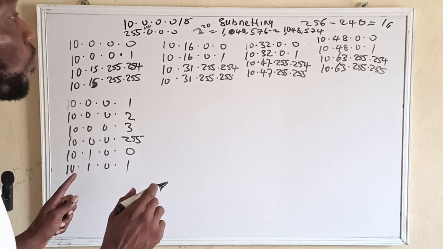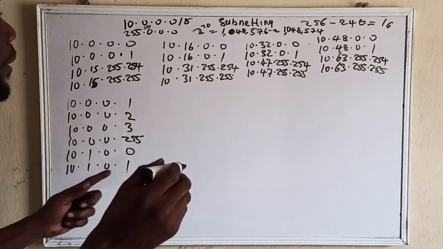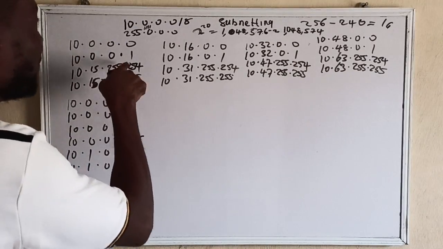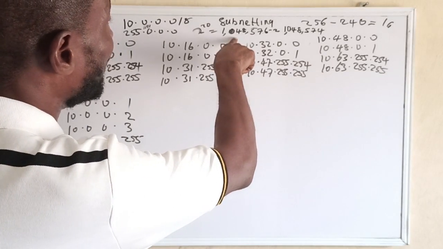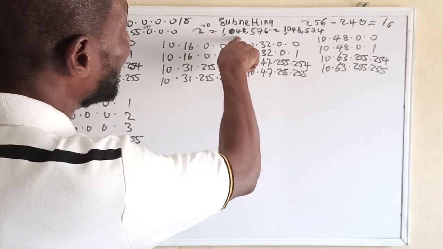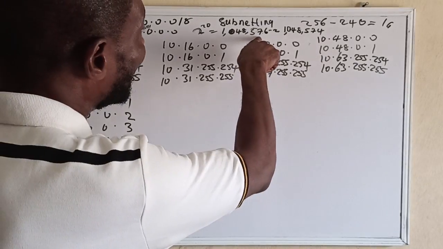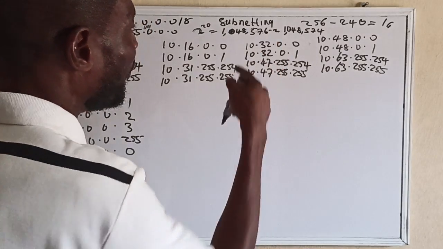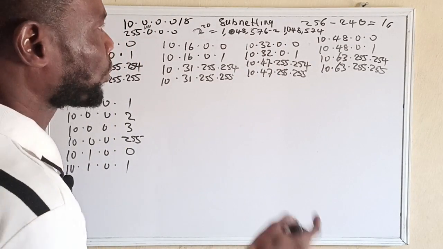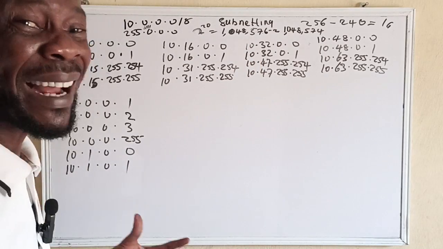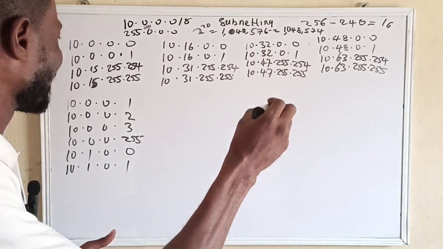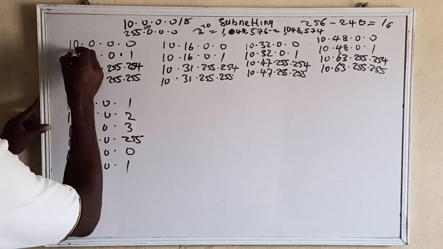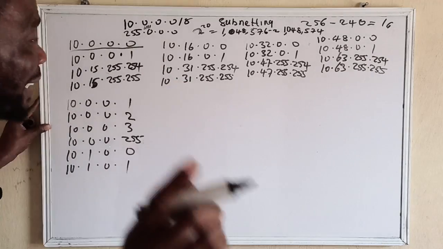Now, I told you this. Each of these address spaces can give us 1,048,574 valid hosts. It's actually 576 maximum, removing the broadcast address, because this is the network number, which cannot be assigned to a system.